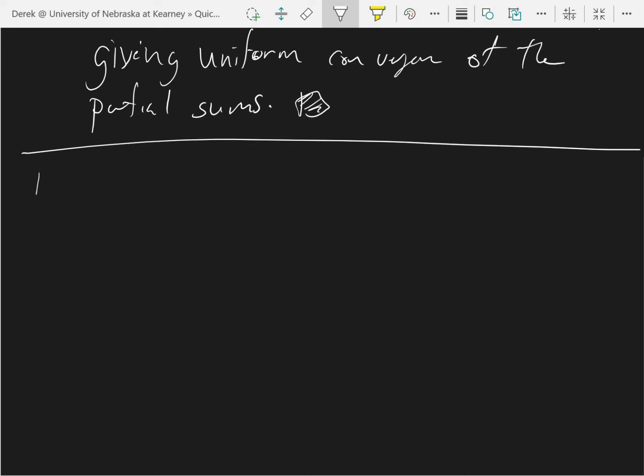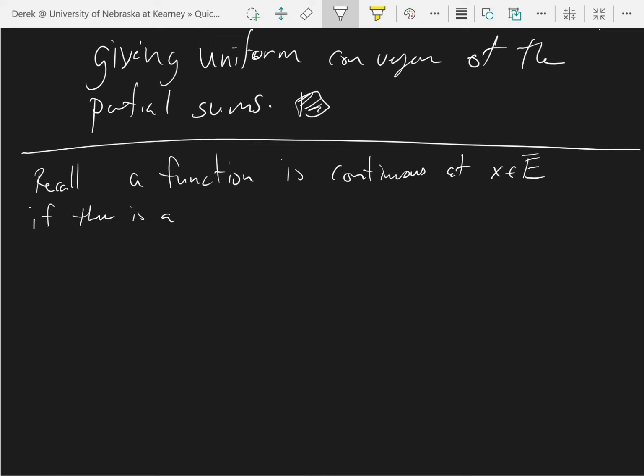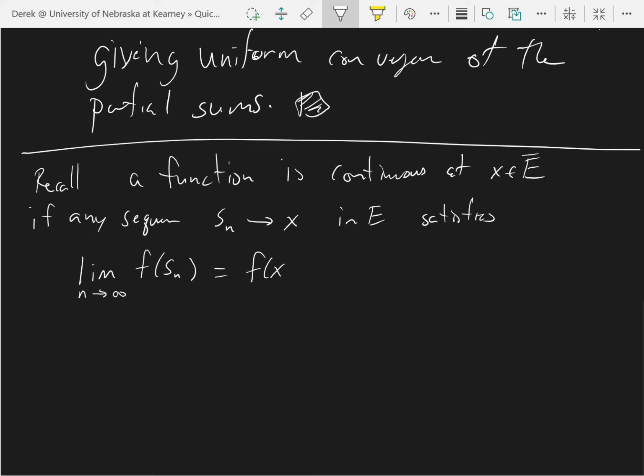So just recall, I'll write this down, that a function is continuous at, say, x in E bar if any sequence s sub n going to x in E satisfies the limit as n goes to infinity of f of s sub n equals f of x.